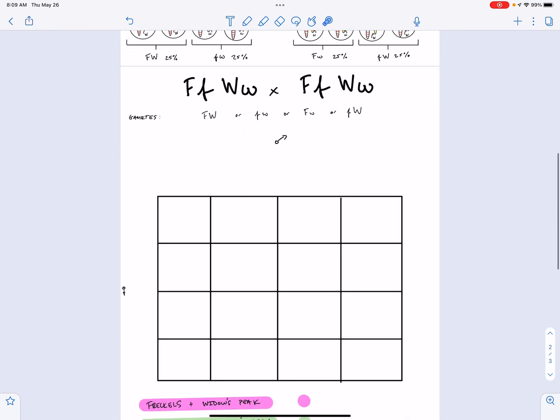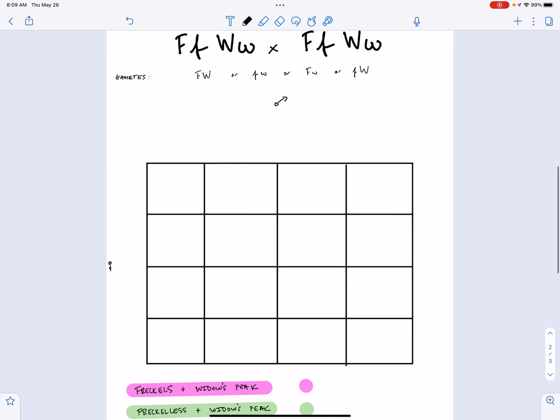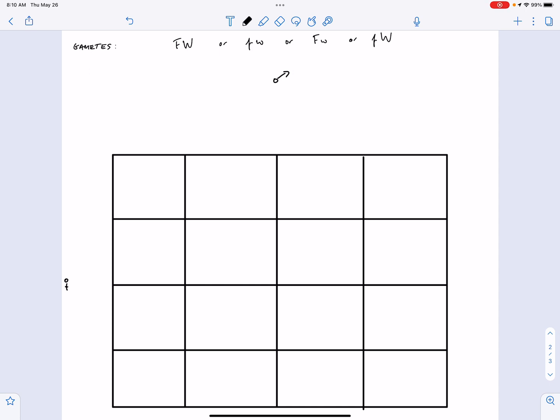Okay, so now we go on to create our Punnett square, which notice is much bigger than the Punnett square we had before, because we have many more different types of gametes that are created during meiosis. So instead of a 2x2 grid, now we have a 4x4 grid. So we can put the possible gametes around the outside of the Punnett square.